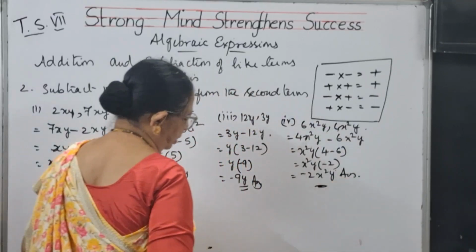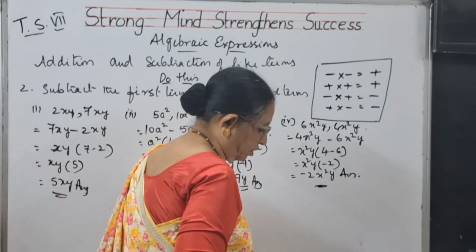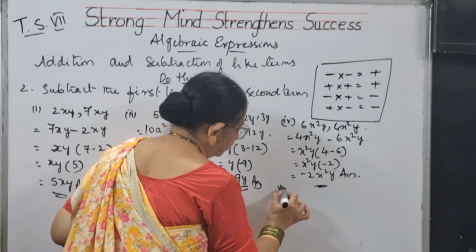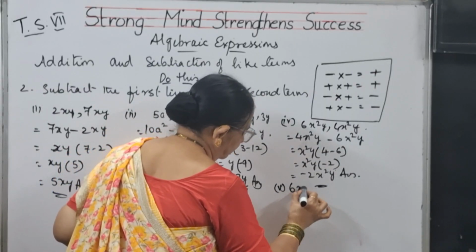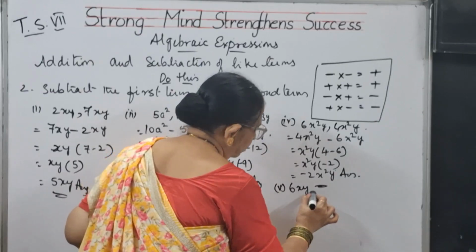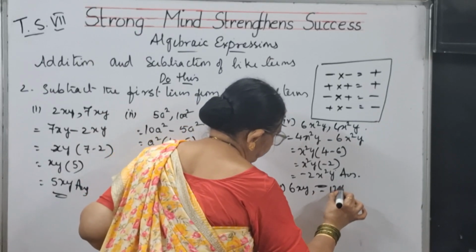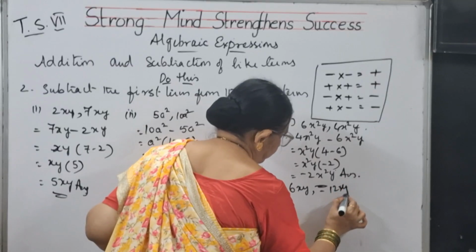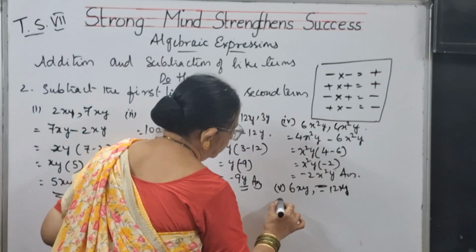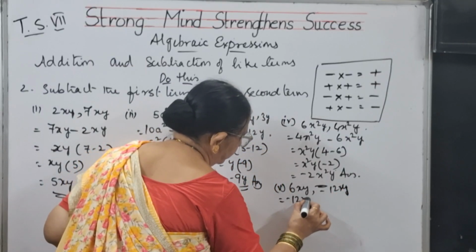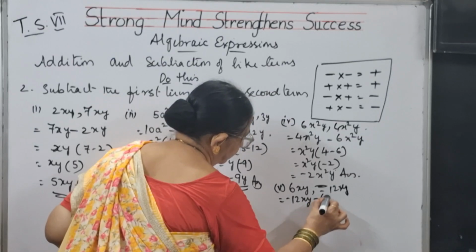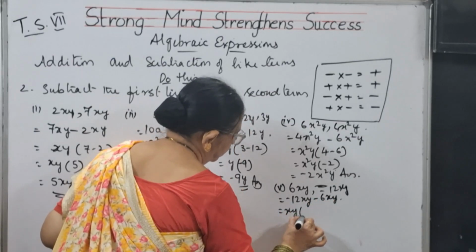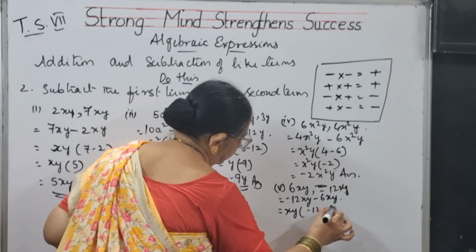And only one more bit is there, children. So I will do it here only. Fifth bit. 6xy minus 12xy. So first I should take the second one. So minus 12xy minus 6xy. So common is xy, minus 12 minus 6.